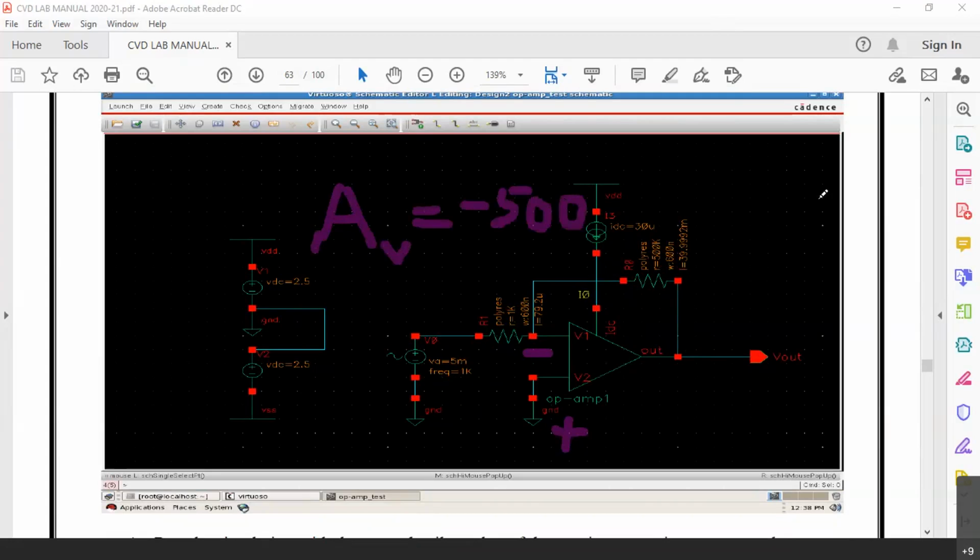You are already familiar with the op-amp circuits as such. Now you can see here there is polyres, polyres R equals 500K. In the GPDK 180 library, you can choose this polysilicon resistor.